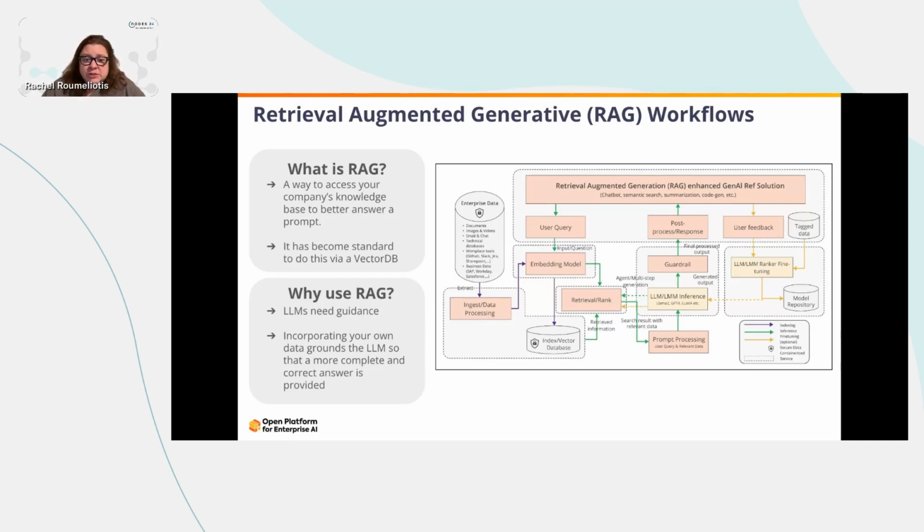So like I said, the reason to use RAG is LLMs, at least today, need guidance. And so most companies have an amazing amount of data that can be very, very useful. And AI is one thing so far that can do this better than us, right? They can really go through there and look in and find out what's needed.